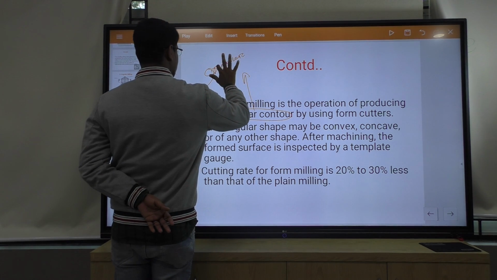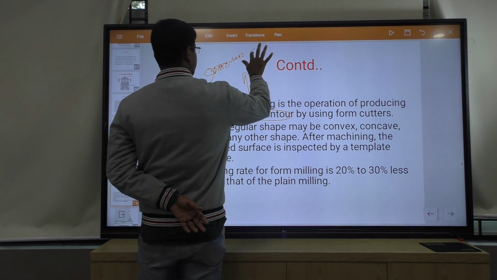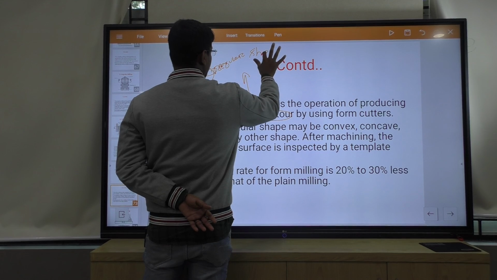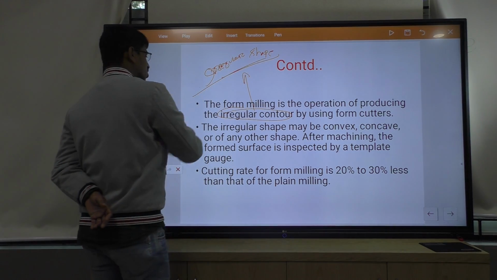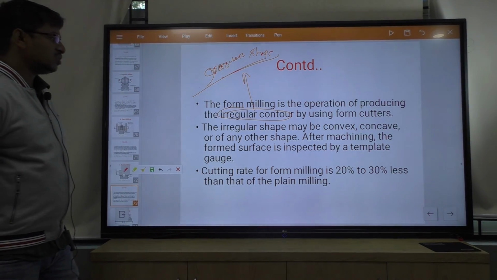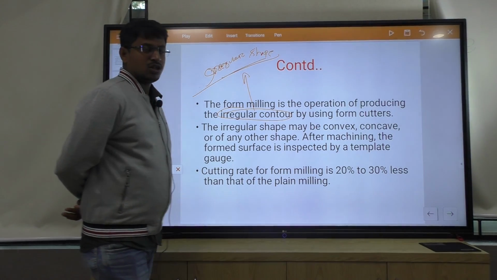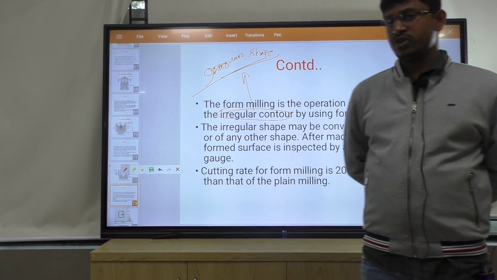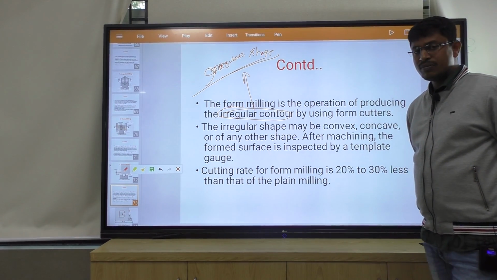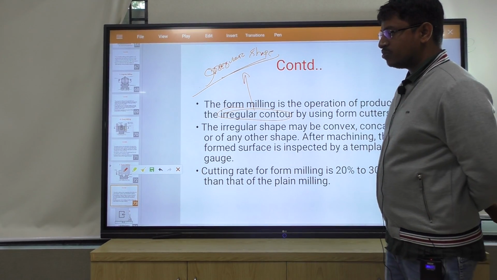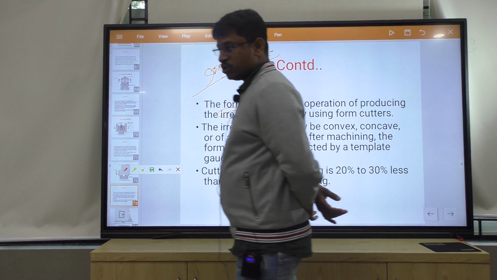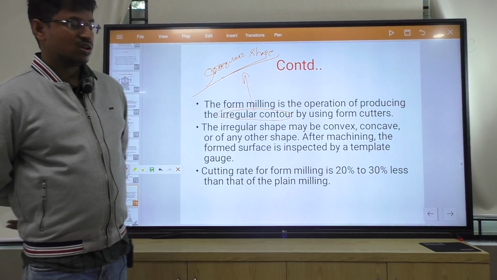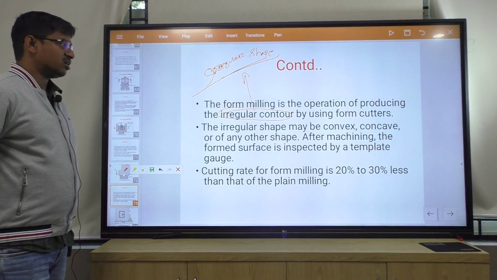Irregular shape. Irregular contour or irregular shape is produced by using form cutters. The surface which is to be produced should have the opposite or matching pair of the cutter.